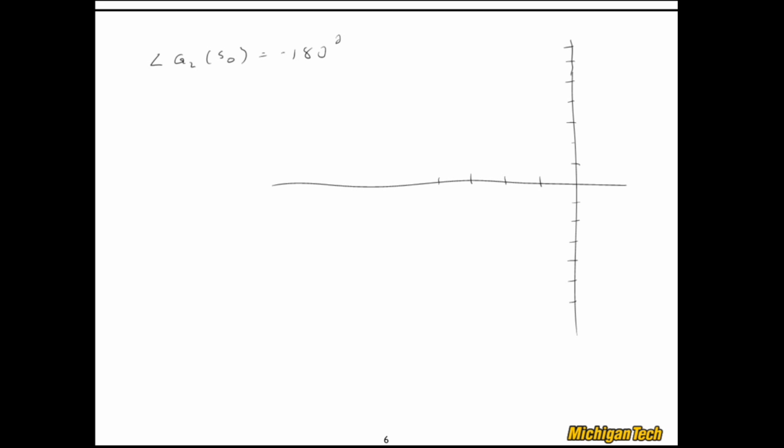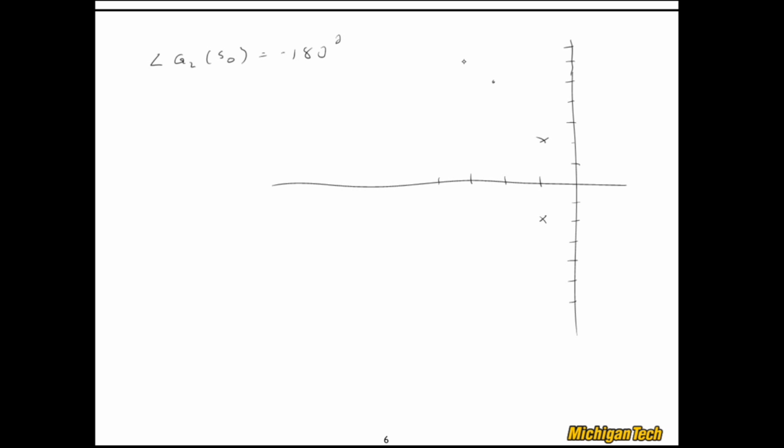So for a root locus, we know that any point on the root locus, S0, the phase of the loop transfer function has to equal negative 180 degrees. So let's carefully draw this. And what do we have? We have negative 1 plus 2j, negative 1 minus 2j. And we're going to put the closed loop poles at negative 2.5, right about here, plus minus 5j. 1, 2, 3, 4, 5, right about here.